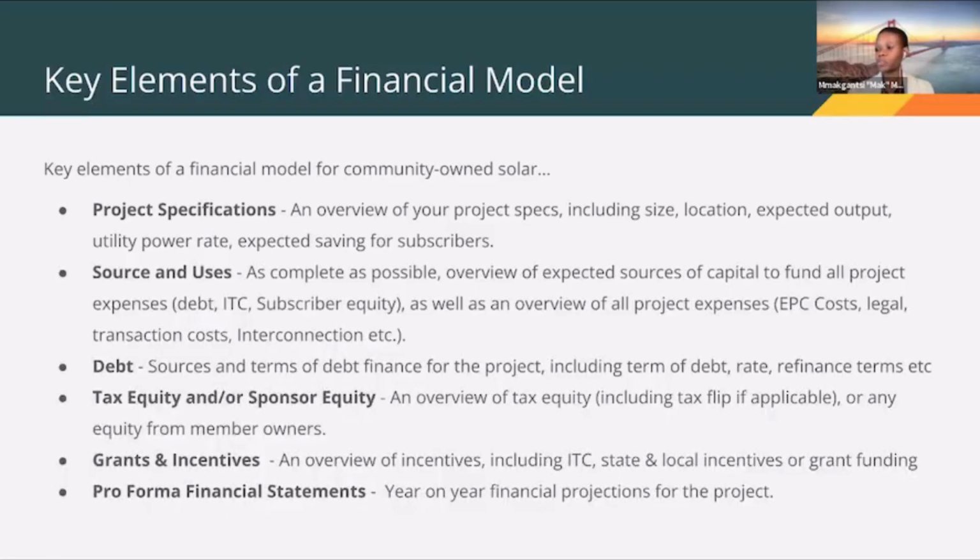I think Ali was mentioning the excitement around the low income bonus credits. Those are all of the things that you will add into the model. It's an extra 10%, for example, for financing through the ITC if you have the low income bonus or other bonuses. So this will all be captured in your financial model.